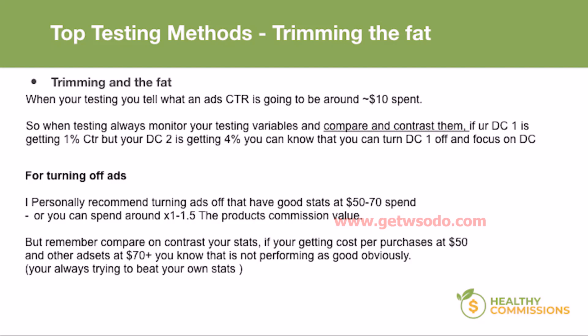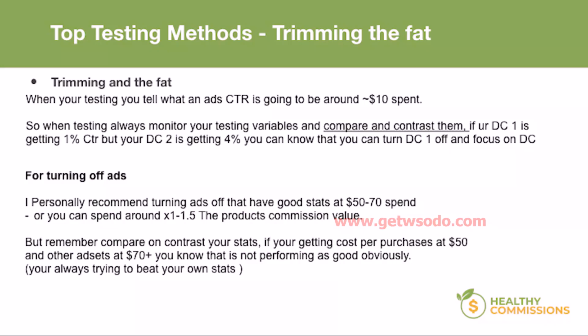So for turning ads off, I personally recommend, regardless of the stats, right? So if the percentage of the click-through rate is really low to begin with compared to your others, you can turn them off quicker, right? But for ads that are getting good stats, like they're getting 4.5% CTR, getting heaps of clicks, all that good stuff, I recommend personally turning your ads off at around $50 to $70 spend, or you can turn them off at a spend of around 1 to 1.5 times the commission value.